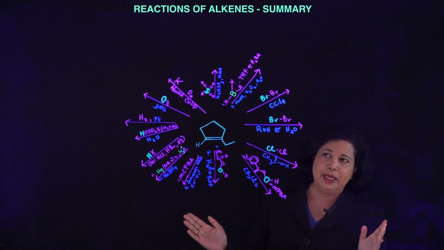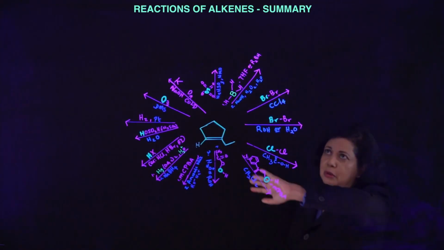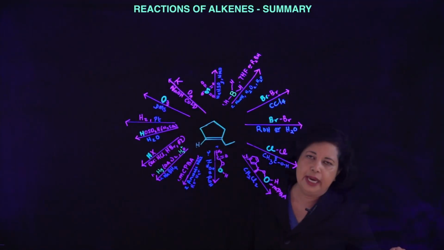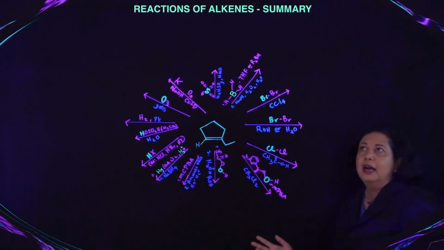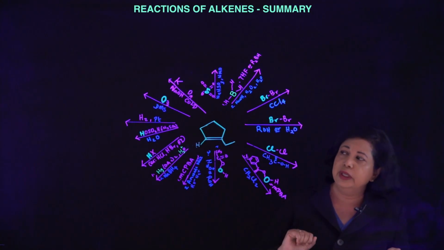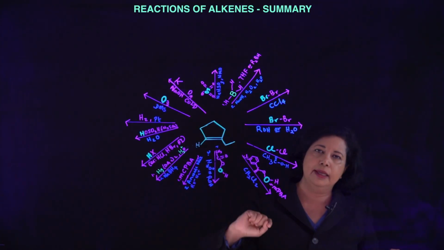Welcome back, everybody. Here's your slew of reactions. We got a wheel going for you. All of the reactions that we just talked about are pretty much on here in some form or other, and we're going to see what the outcome is for this molecule.